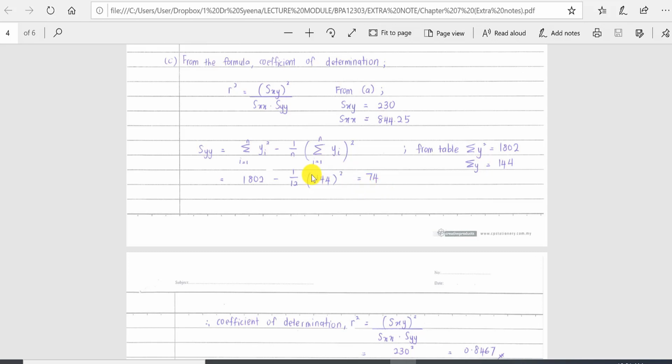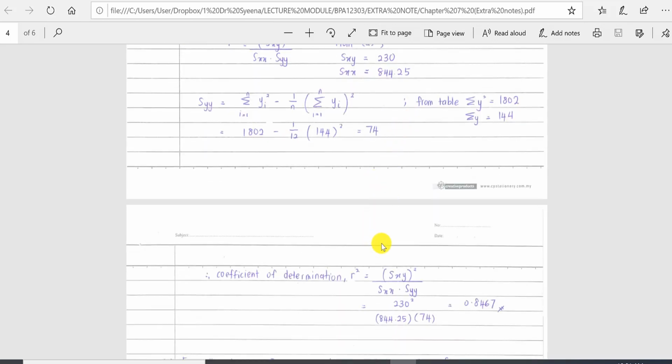So now can we calculate? Yes, we already have the Sxy 230 and we already have the Sxx 488.25. So now 230, then we must square. Sxy square, we square the 230, divide by 488.25 times 74, then you get 0.8467. So what does it mean for your r square, your coefficient of determination?